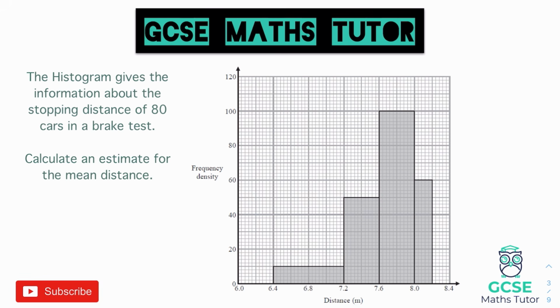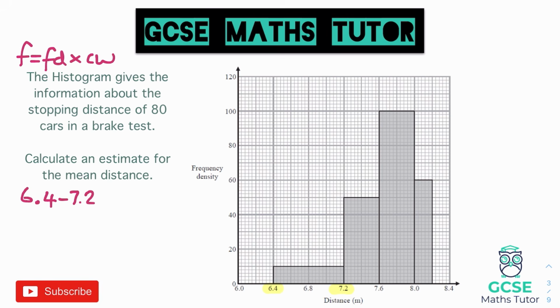So the first bar down there goes from 6.4 to 7.2, and we want to find the frequency. So to get the frequency, we're going to use the same formula we have before, and that is that the frequency is equal to the frequency density multiplied by the class width. So again, let's just have a look.